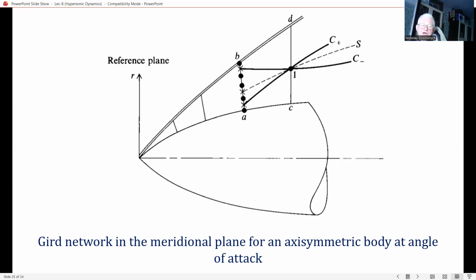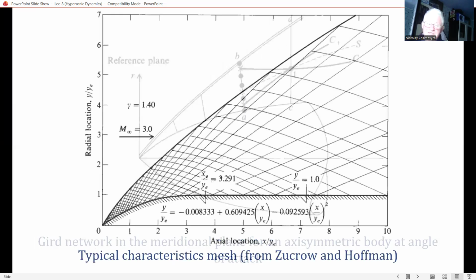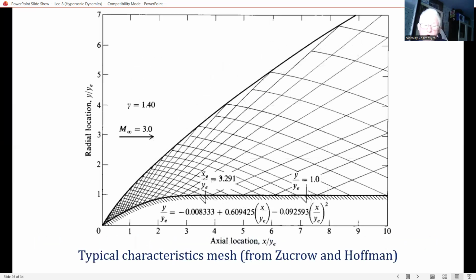In this particular reference plane, a series of grid points are established along arbitrary straight lines, locally perpendicular to the body surface, okay? And these grid points are not the intersections in a systematic characteristic mesh, such as shown in this slide for our two-dimensional case.